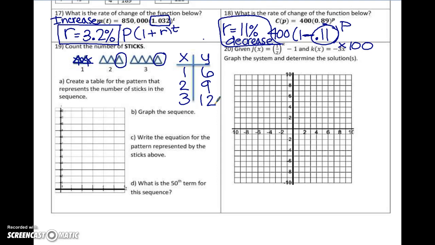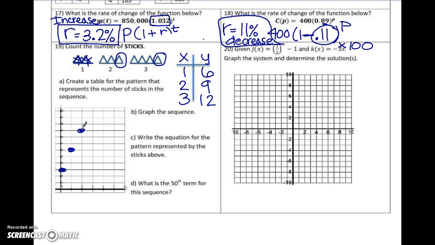Create a table for the pattern. Okay, we did that. Graph the sequence. So I'm going to take the table numbers and graph them. We got 0, 3, 1, 6, and 2, 9. Oh, 0, 3.